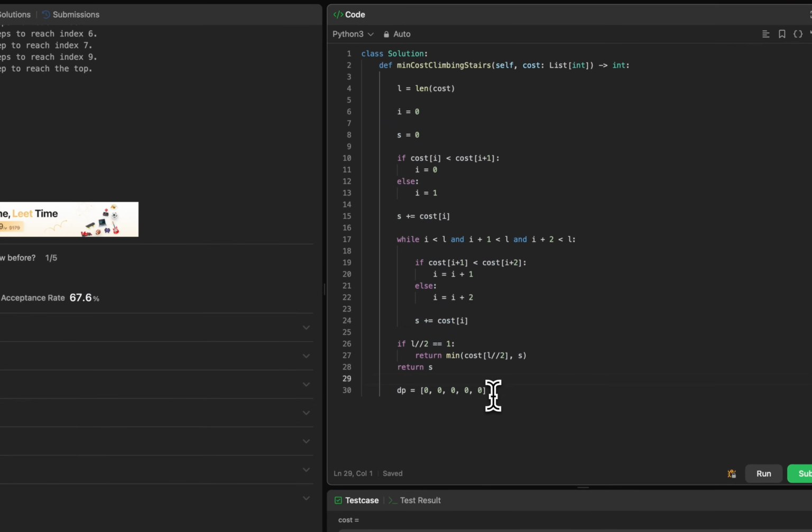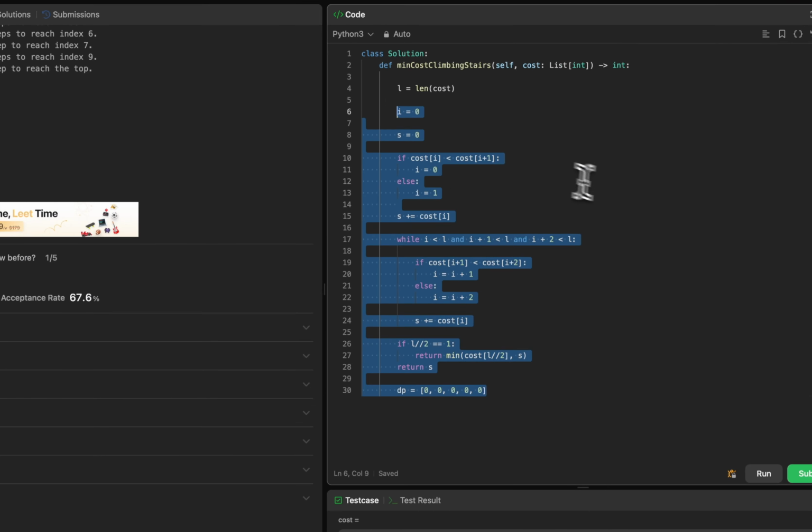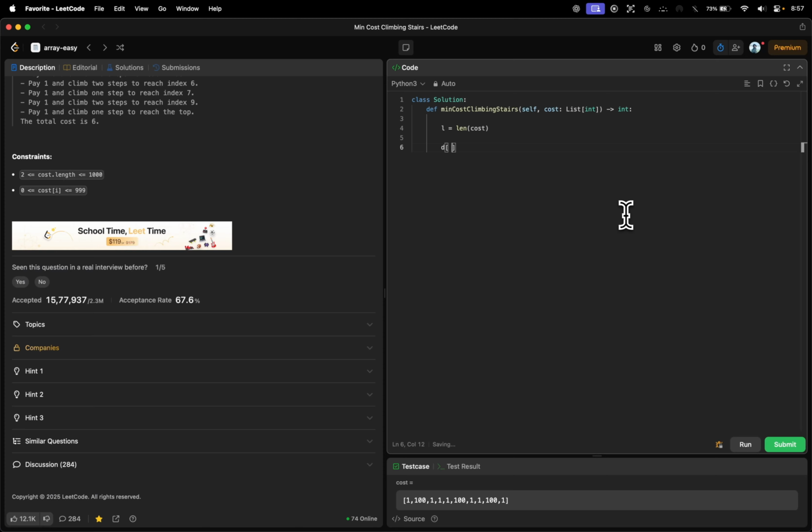Let me start. So first I prepare a list. Okay, so we have a list. I make it a DP, and the first element would be cost 0, and then cost of 1.